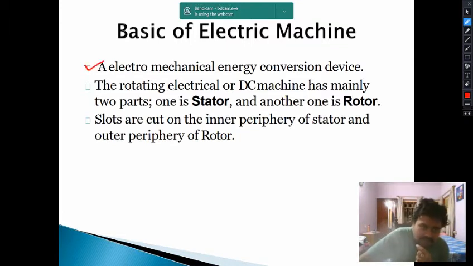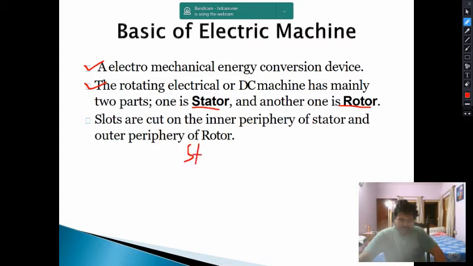So this is the first point. The second point is that the rotating electrical or DC machine has mainly two parts. One is the stator and the other is the rotor. The word stator came from the word static.